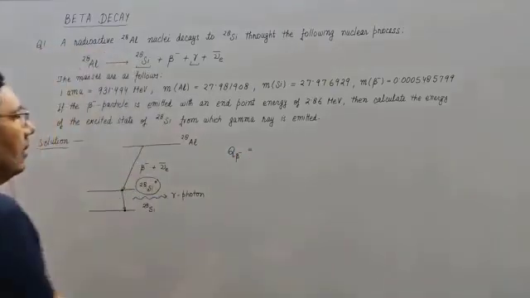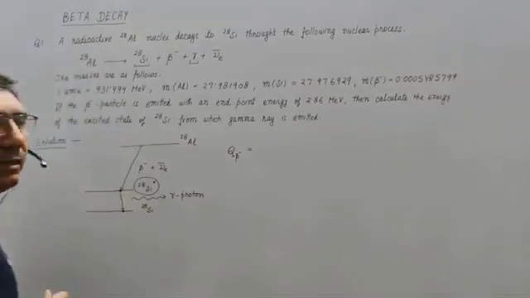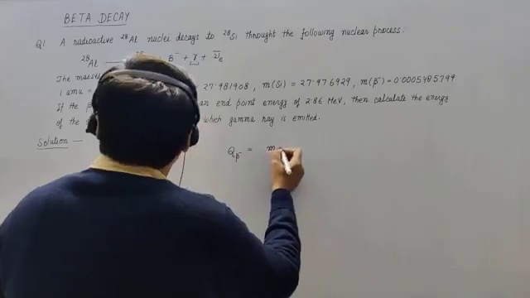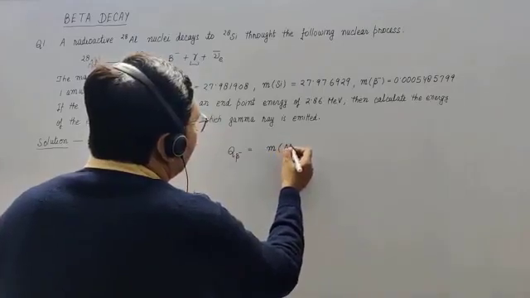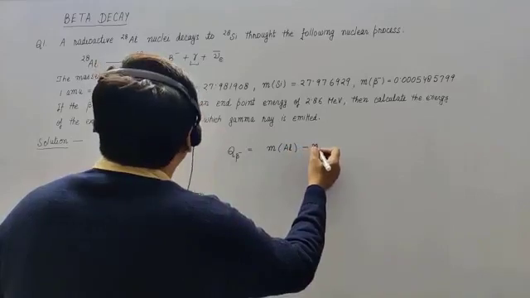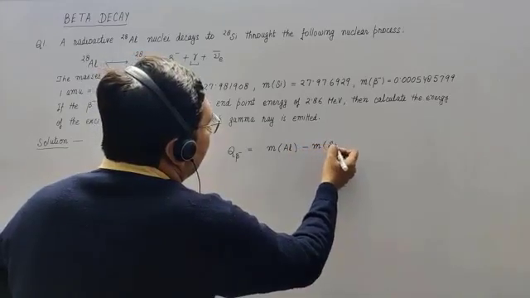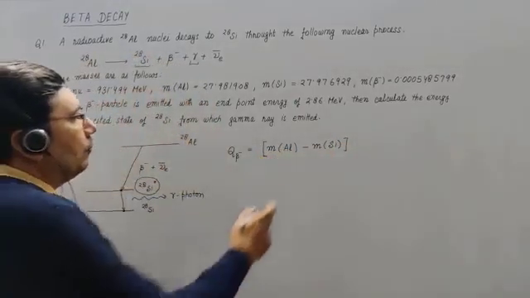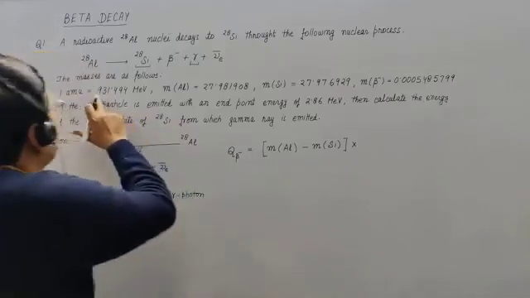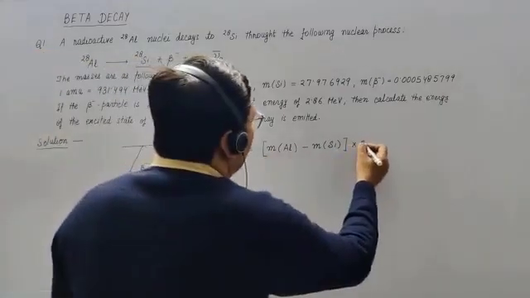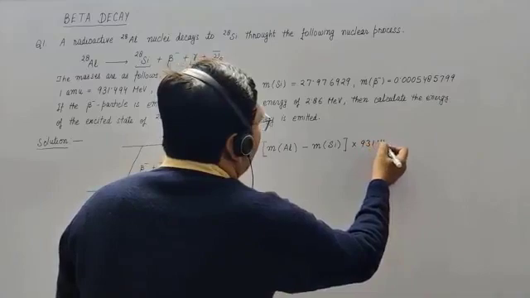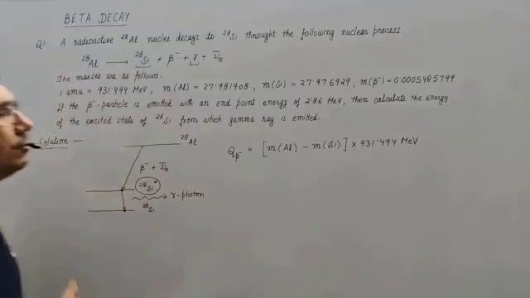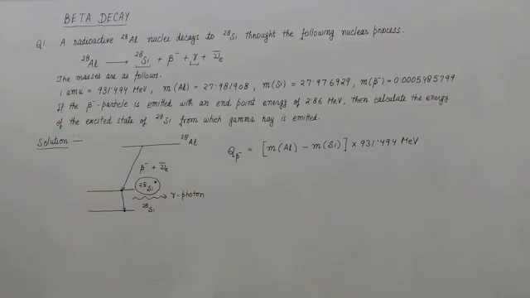You are aware that for beta minus decay, Q value is given by the mass of the parent aluminium nuclei minus the mass of the silicon nuclei, and these masses are in AMU. We will multiply this by 931.494, and now your answer will be in MeV. This will be the total energy that will be released in this equation.